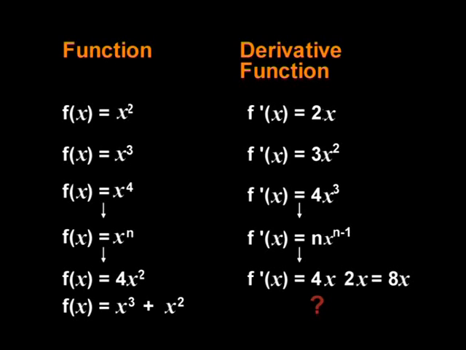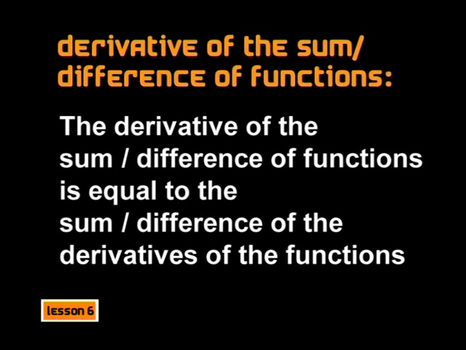But what about something like f of x equals x cubed plus x squared? Well, to help us with that, we have a little rule that says that the derivative of the sum of functions is equal to the sum of the derivatives of the functions.